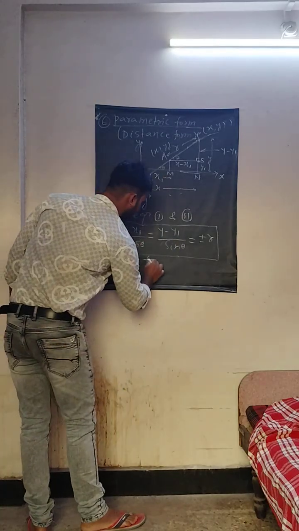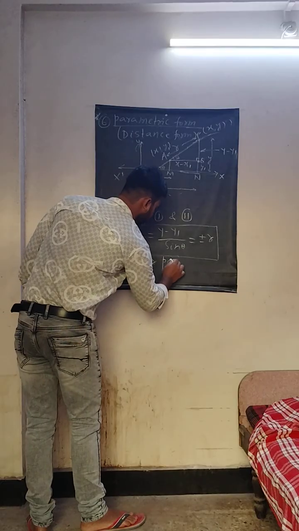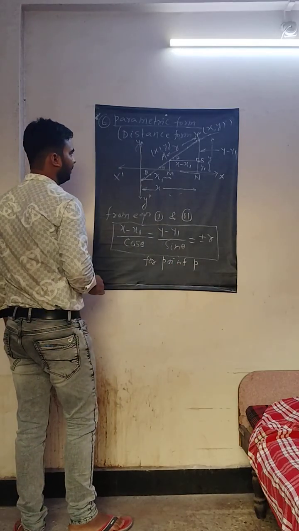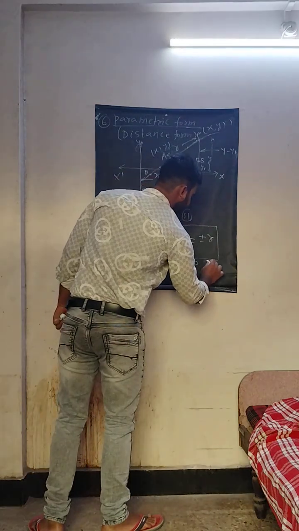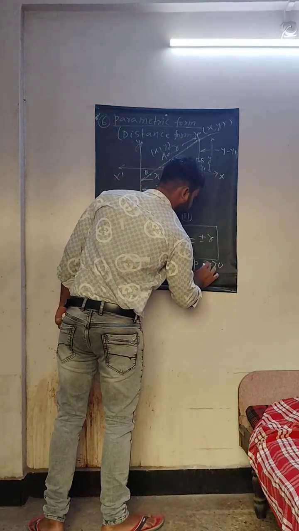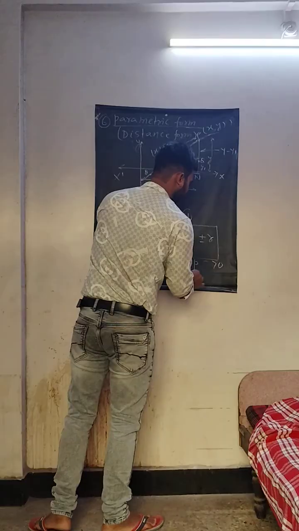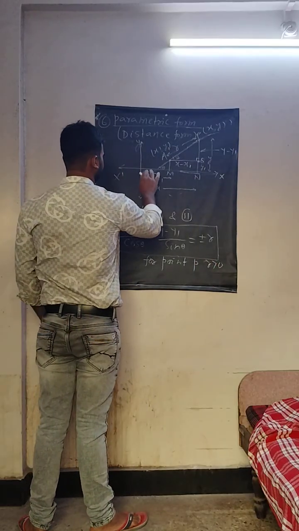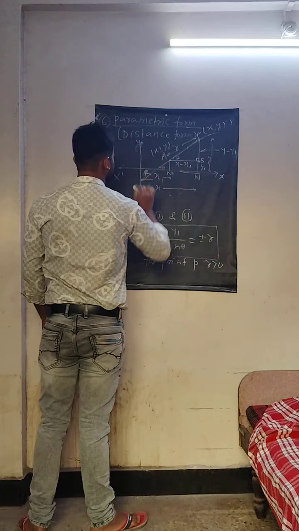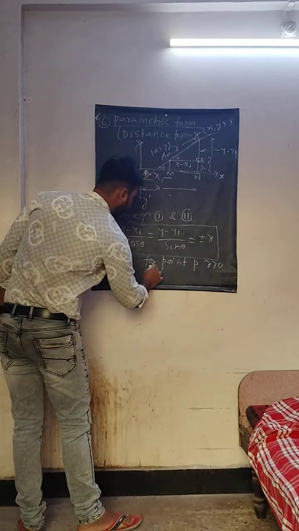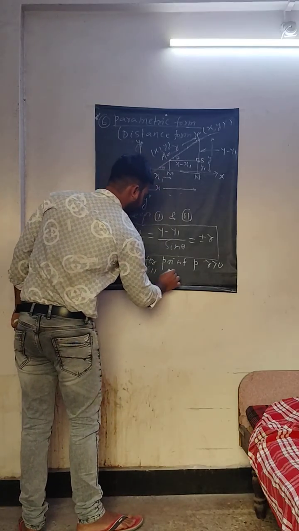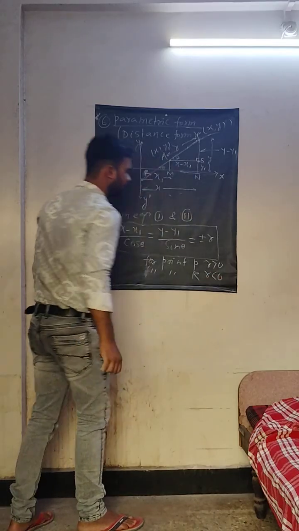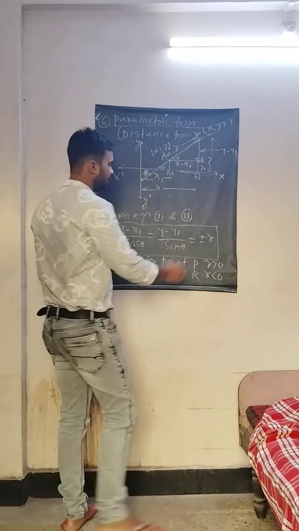Here for point P, r is positive. And for point R, r is negative. Okay, what is r, beta?